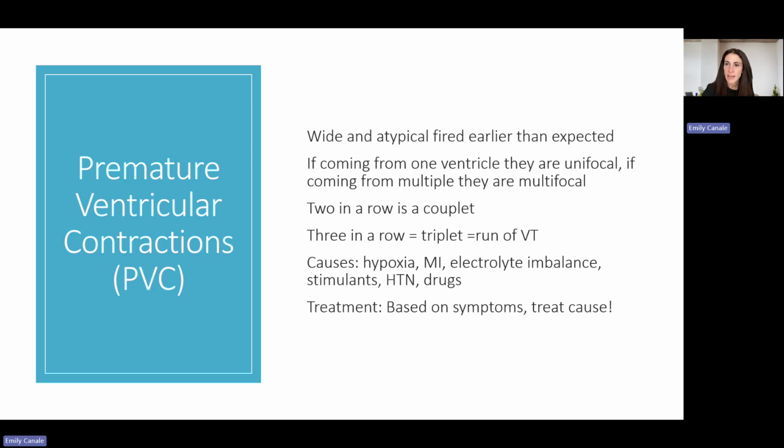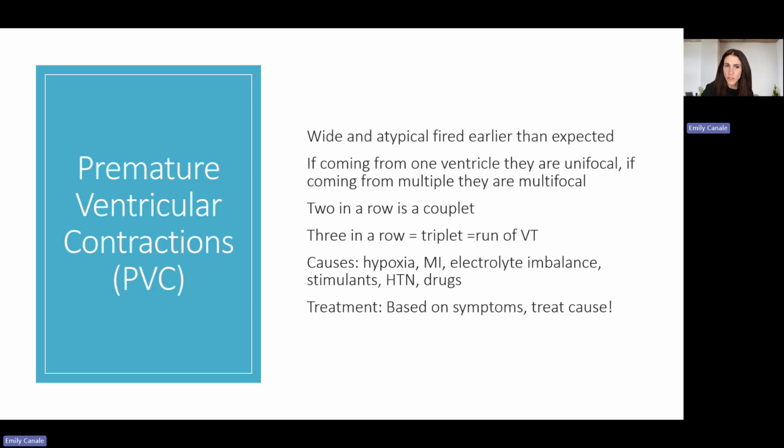When I'm looking at a strip, I can tell that it's a PVC because it just doesn't look normal. It's usually wide, atypical, and it's a QRS complex that's fired earlier than expected. There are no P waves visible before that complex because that PVC originated in the ventricle.